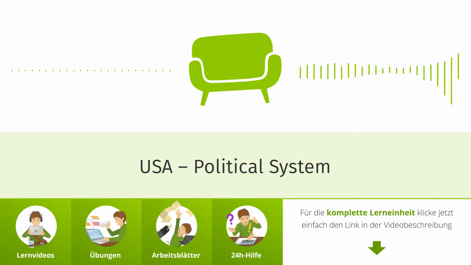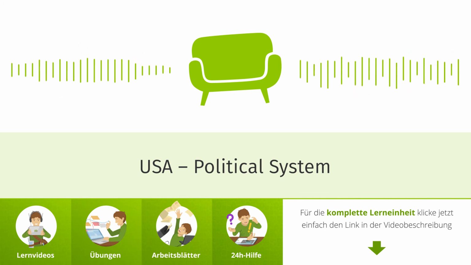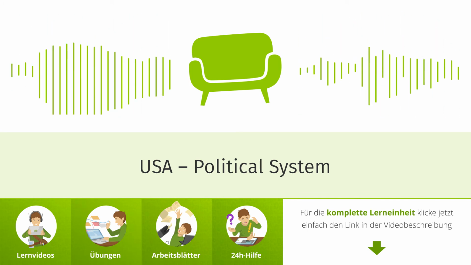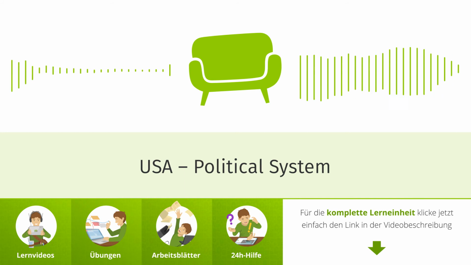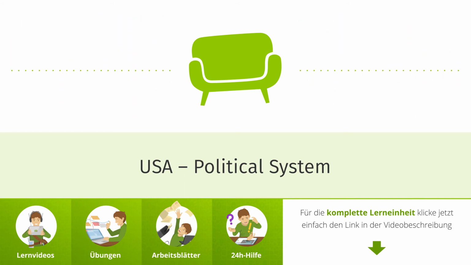And then there is the judicial branch, which is represented by the Supreme Court. Its function is to interpret the Constitution and decide if laws and other decisions are not against the Constitution. But it doesn't make new laws.